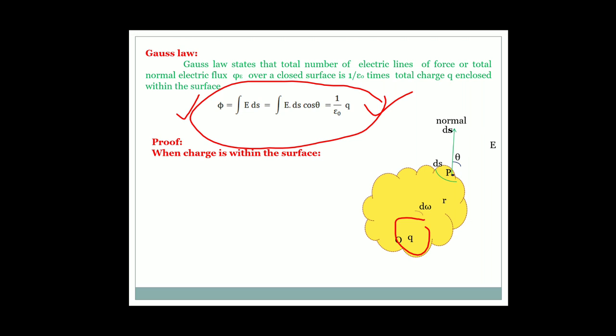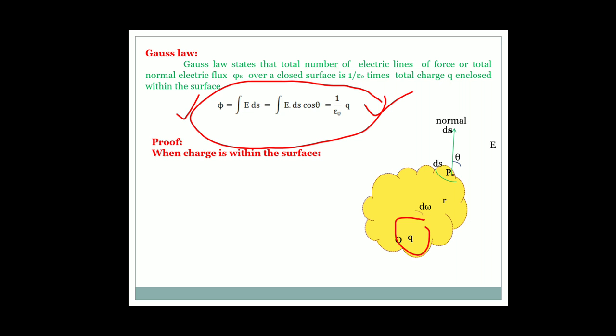So how can we define this? Gauss law states that the total number of electric lines of force, or total normal electric flux over a closed surface, is equal to 1 by epsilon naught times the total charge Q enclosed within the surface.